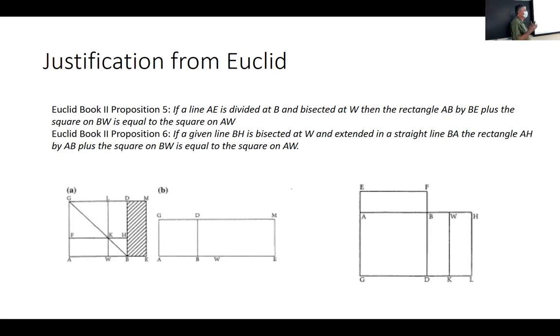Book 2, which is kind of the geometric algebra book of Euclid. And Brent, you did this, didn't you? Yeah. And so these are the two key propositions which they basically use. Proposition 5 says if a line AE is divided at B and bisected at W, then the rectangle AB by BE plus the square of BW is equal to the square on AW.